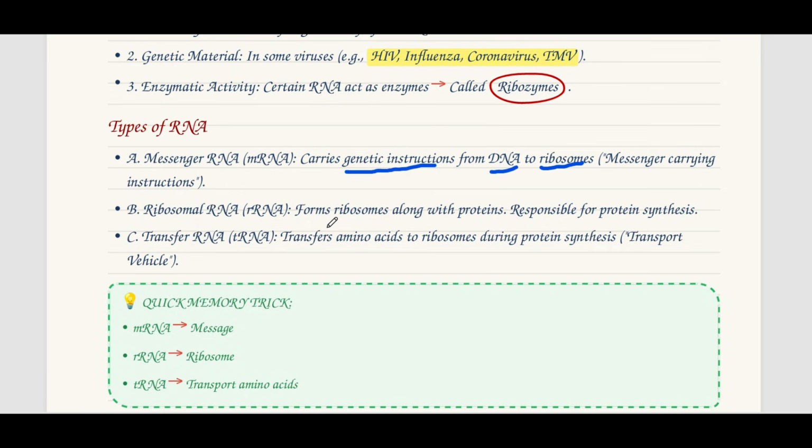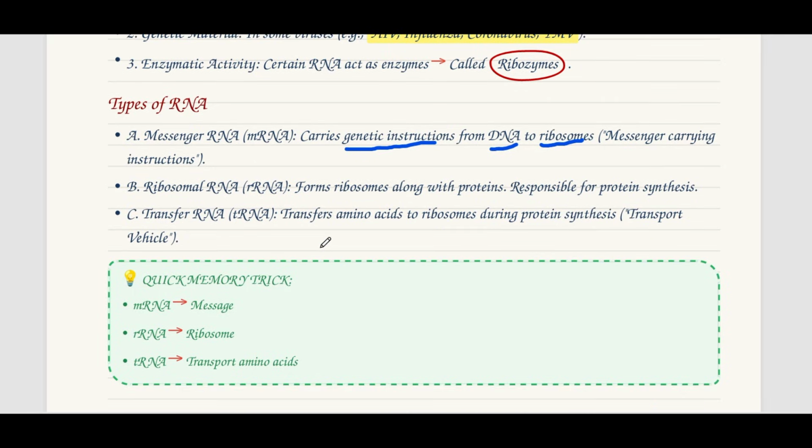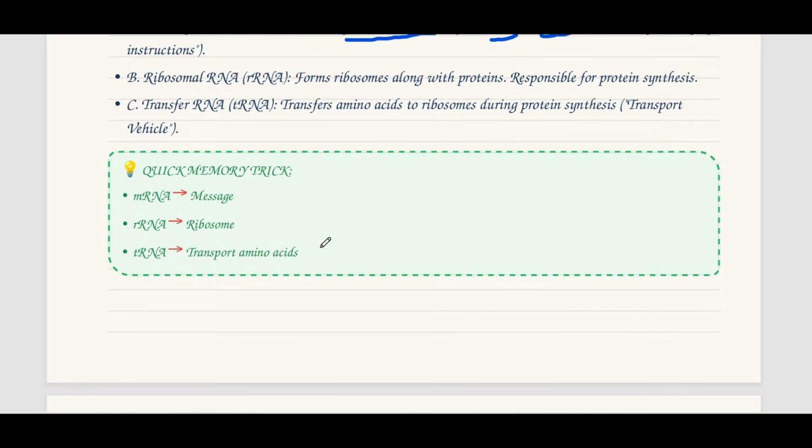See guys, the ribosomal RNA helps in protein synthesis. In protein synthesis we need amino acids, and those amino acids are transferred to the ribosomes through the transfer RNA. So ribosomal RNA and transfer RNA help in protein synthesis. Just remember it like that.